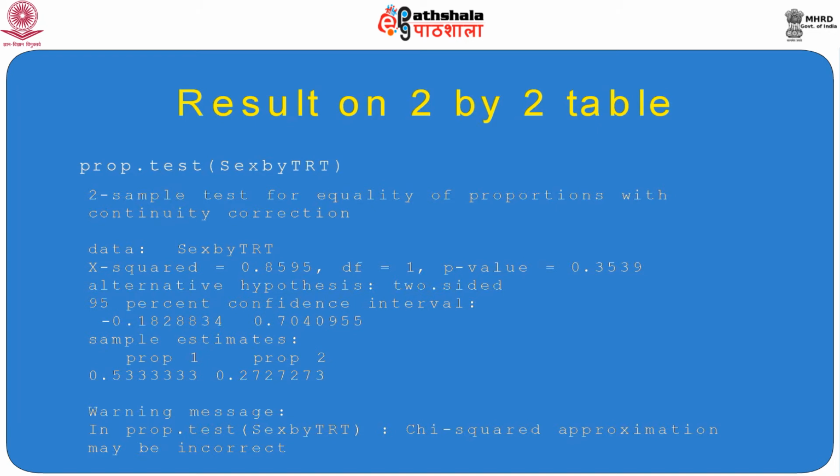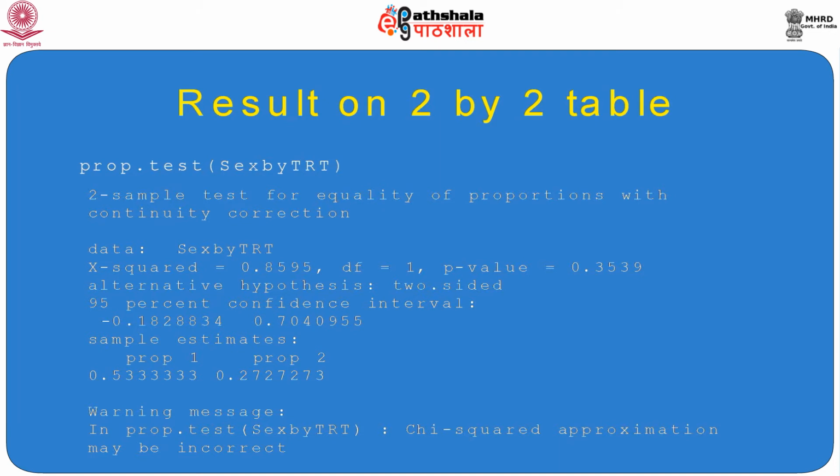Here as a result we are getting the 2-sample test for equality of proportions with continuity correction. The hypothesis is that the proportion of males treated with the intervention is equal to the proportion of females treated with the intervention arm. We get a chi-square value of 0.8595 with 1 degree of freedom and a p-value of 0.3539.